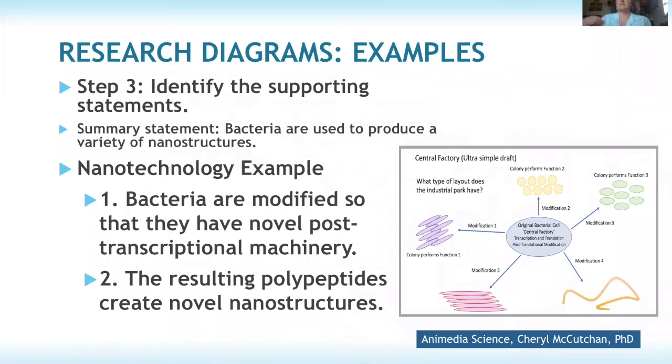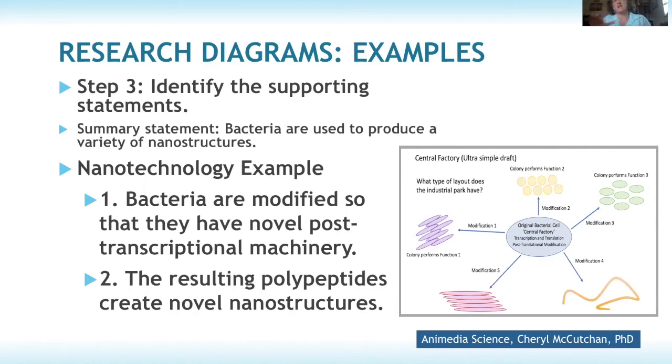And so in his research, he takes a bacteria and modifies it so that it has special post-transcriptional machinery that then makes these modified polypeptides, and those result in these fantastic nanostructures that can be used for other purposes.